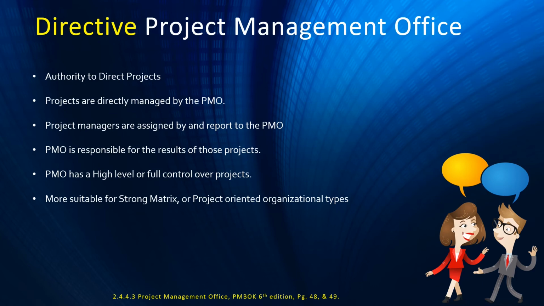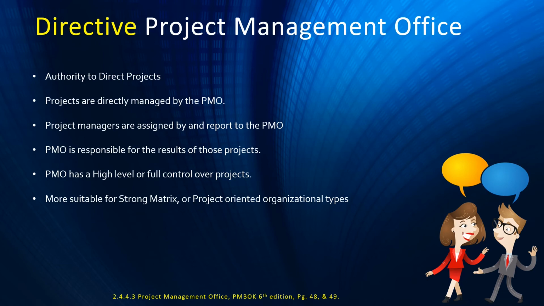So what's the difference? The directive PMO also enforces compliance, right? So what is the difference between the controlling PMO and the directive PMO? The controlling PMO has medium power enforcing compliance, but the directive PMO manages the projects. They have PMs working for them.